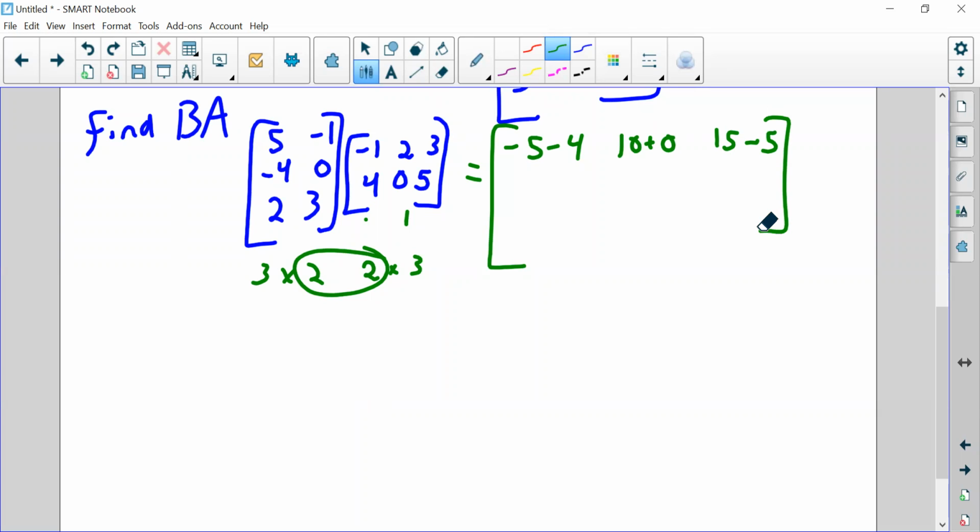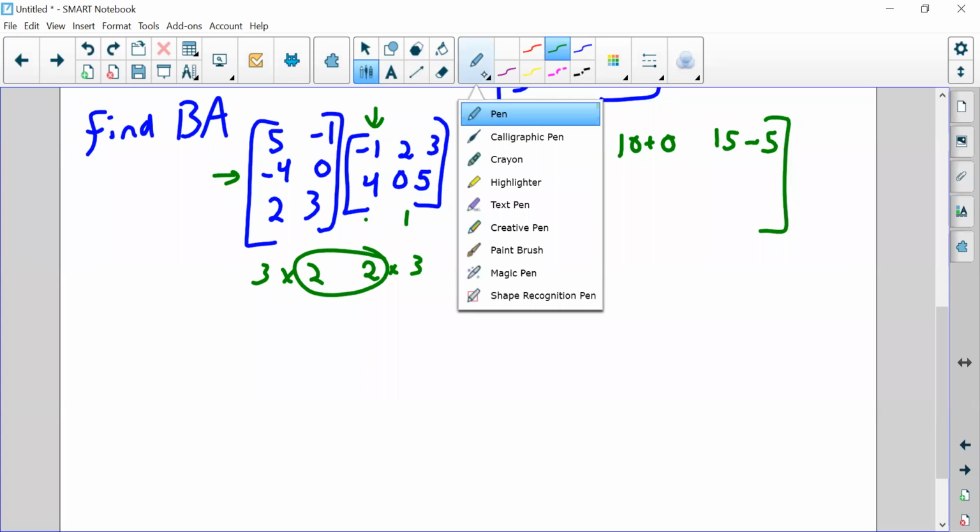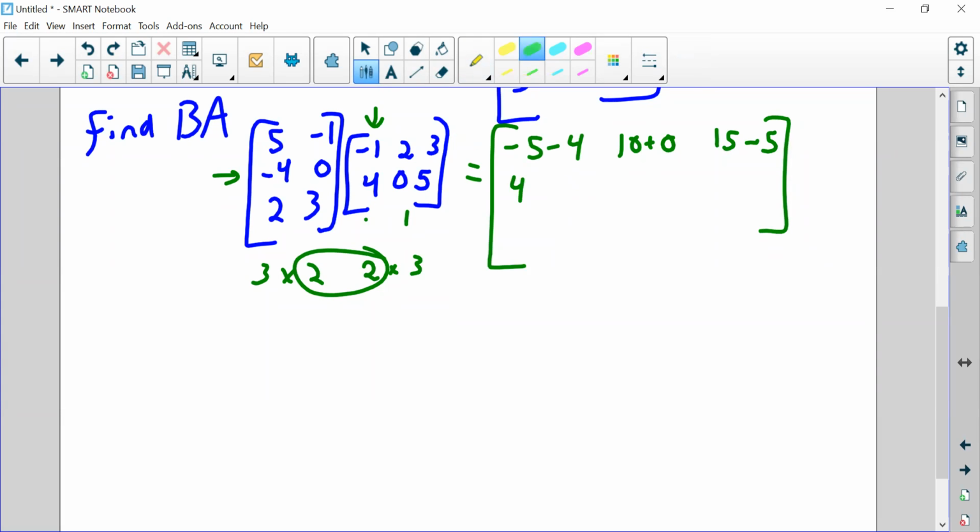Now I'm going to go to my second row and start my first column. So -4 times a -1 gives us 4, plus. What are we doing? I'm taking this times this, give me the 4, then I must move over and down. So what's 4 times 0? 0.